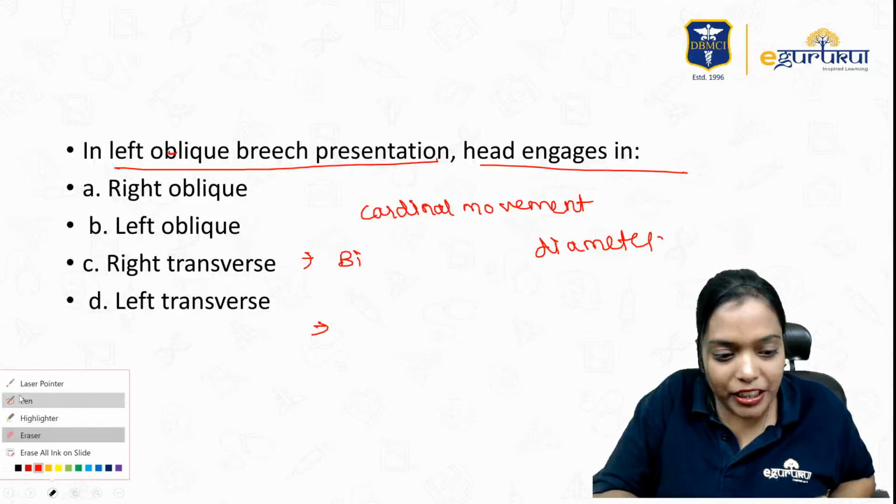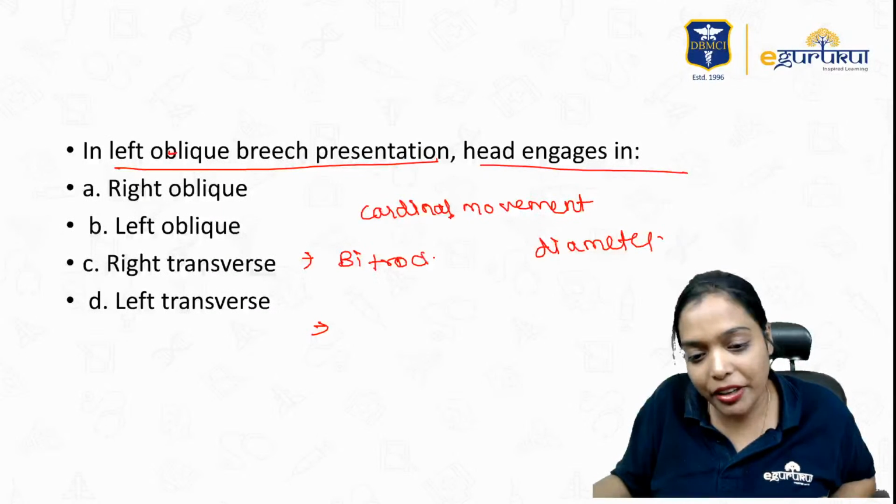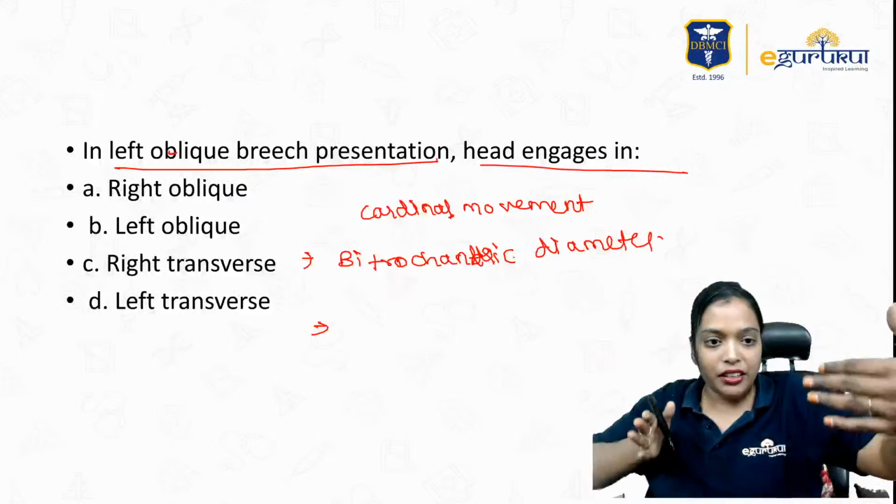There should be engagement of three things in the breech. First the bitrochanteric diameter will engage, so first the baby's buttocks will engage, right?